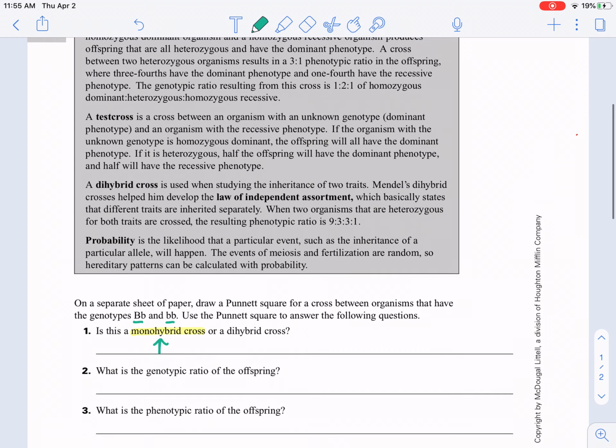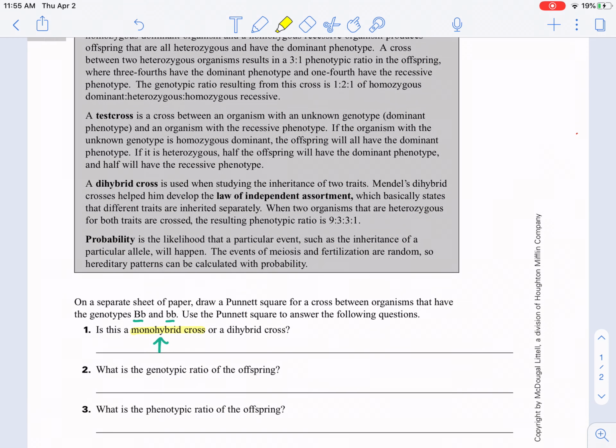Genotypic ratio is written up here. It tells you homozygous dominant to heterozygous to homozygous recessive. So you're counting numbers. So how many big do you have? How many big little do you have?